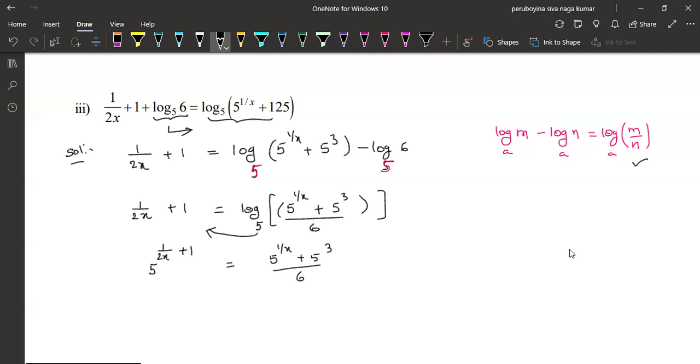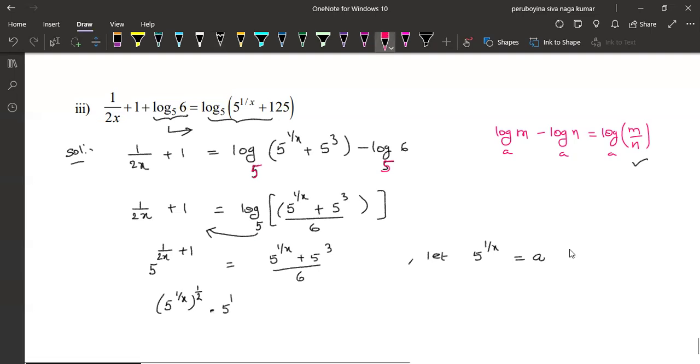Now what I am doing is letting this 5 power 1 by x be a, to solve quickly. Then 5 power 1 by 2x plus 1, you can write as 5 power 1 by x whole power 1 by 2 multiplied by 5 power 1.